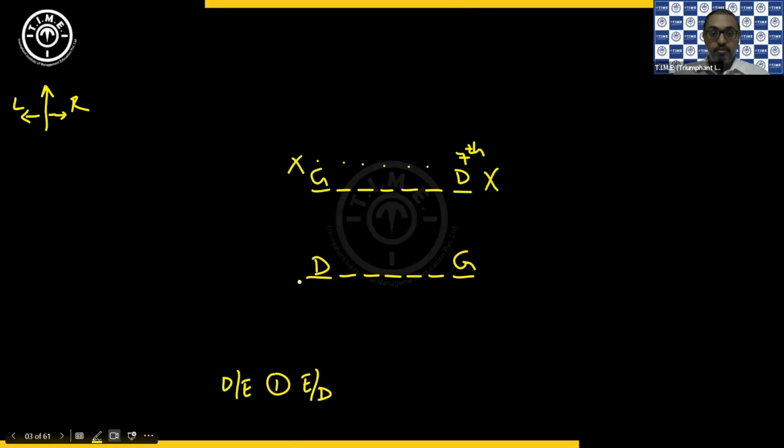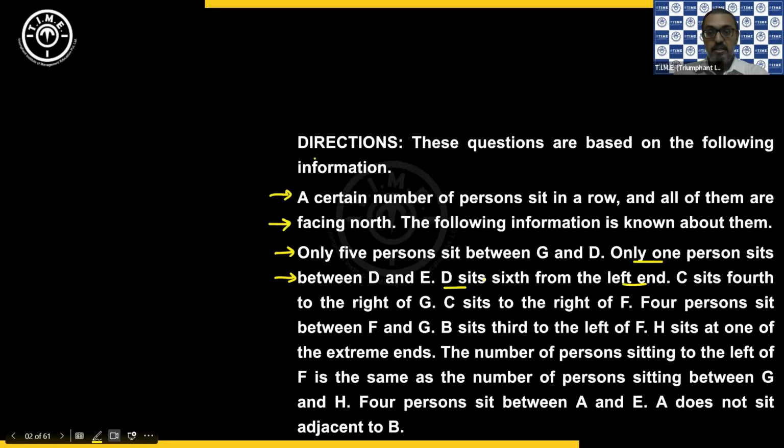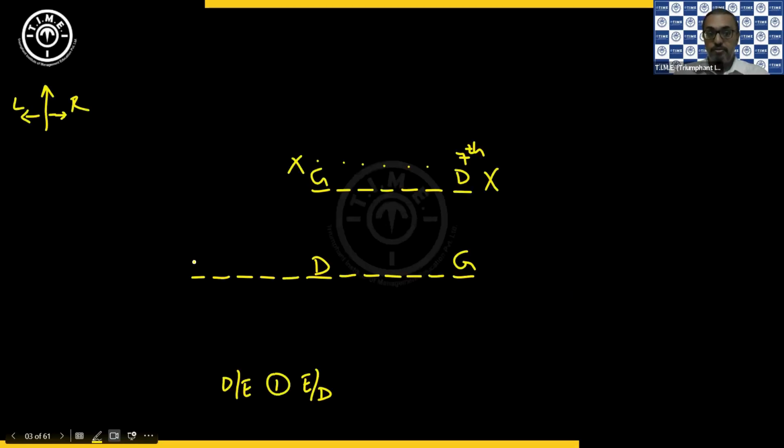In the below case, we have 1, 2, 3, 4, 5. So by adding 5 people before D, D becomes the sixth person from the left end. So D is the sixth from the left end. This is our left end. That is going to be our left end.